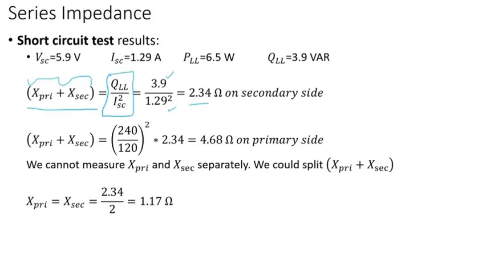So I get 2.34 ohms on the secondary side. I can refer that to the primary and I get 4.68 ohms. Again, we cannot measure X primary and X secondary separately. However, for the model, we can take this here and just split it by 2. Just assume X primary is equal to X secondary, then just divide by 2 basically.